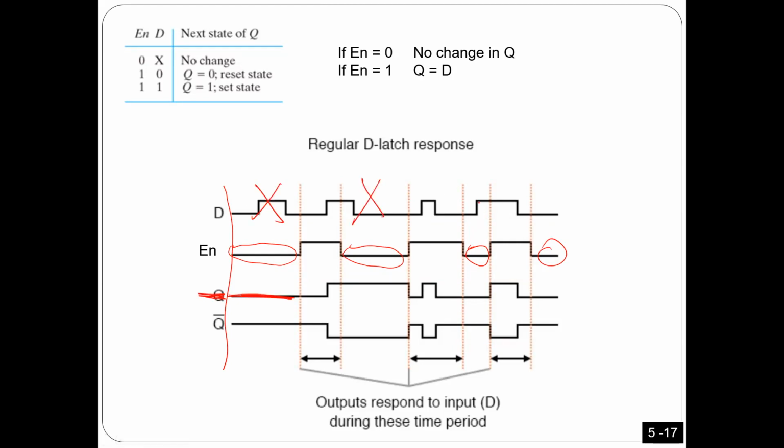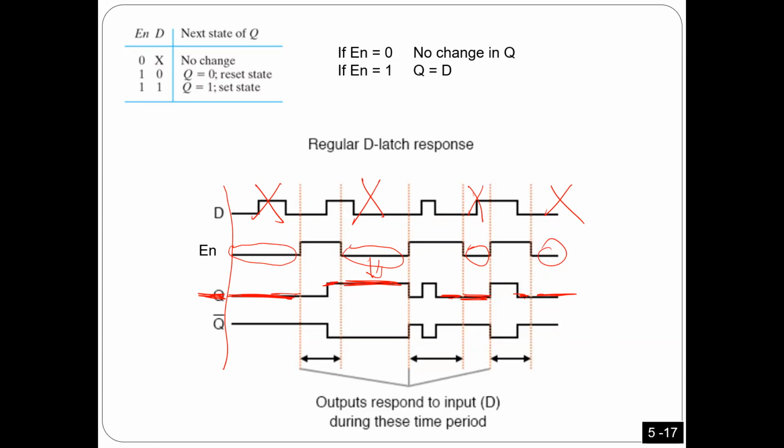Then in this part, because it is high, I'm going to continue high. In this part, because it is low, it's going to continue low. This part, because it is low, it's going to continue low. It is disabled. Very easy. So in case of disabled, regardless of D, see what the last Q is, and it will be the same.